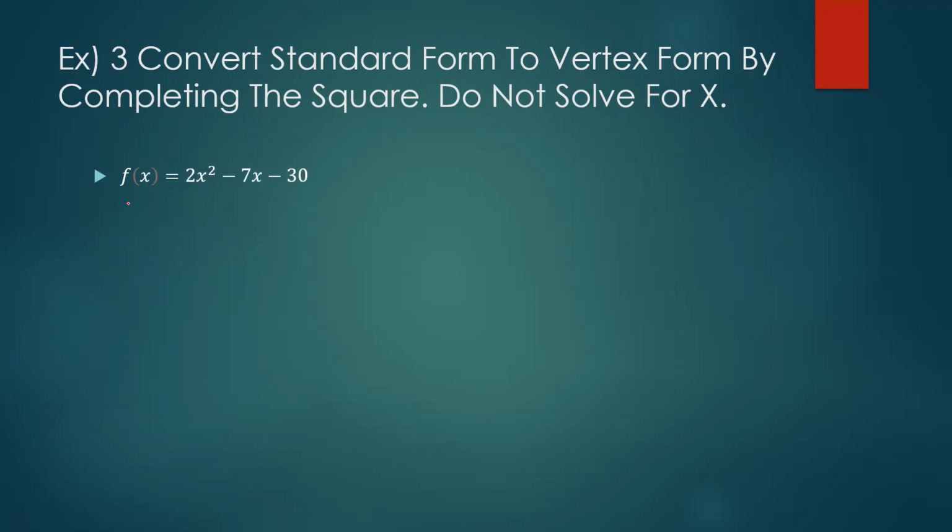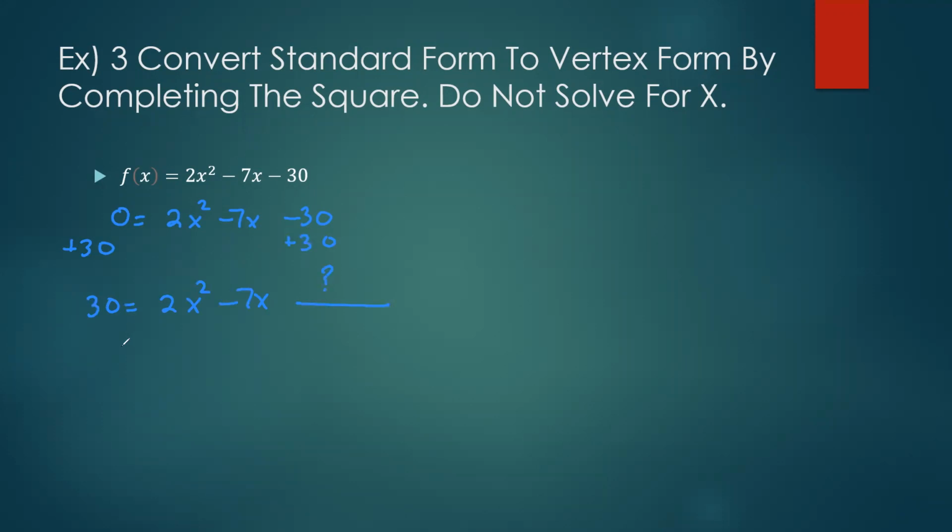So first step is set y to 0. Second step is move the constant to the other side. So our constant is 30, so add this to the left. You get 30 equals 2x squared minus 7x and then space.